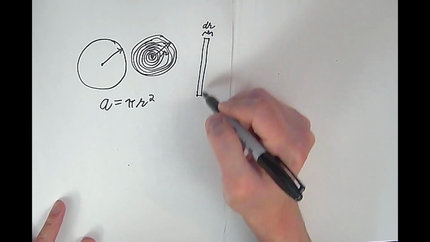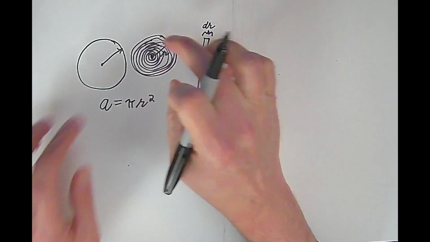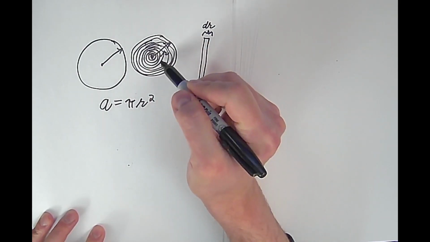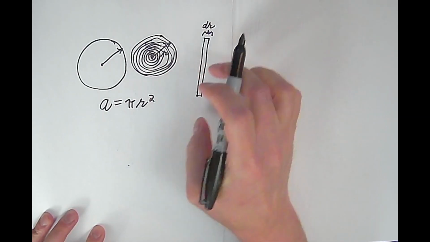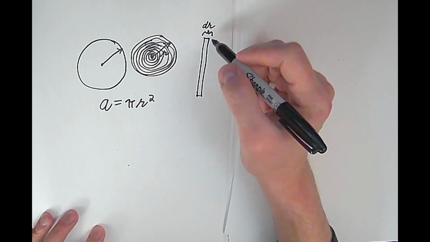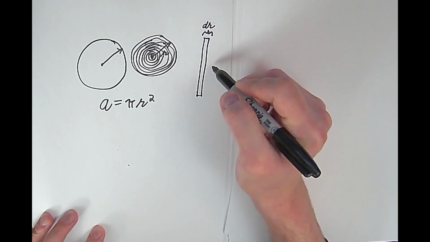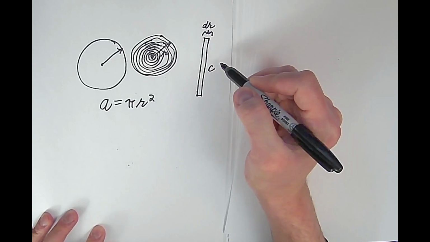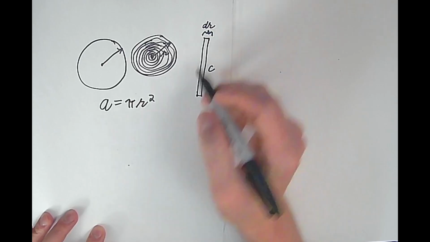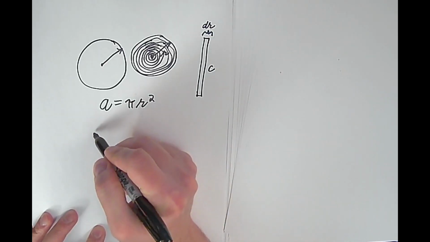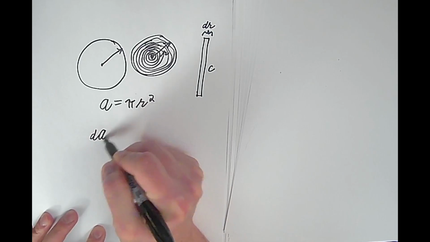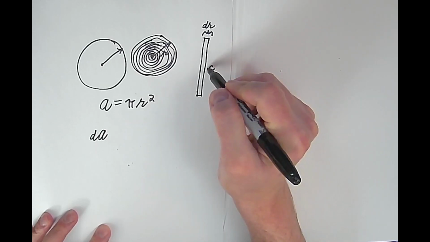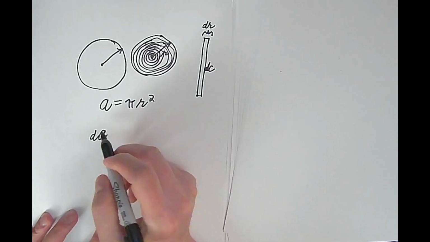And then the length of that, if you uncurl it, if you will, so take any of these given layers and uncurl it from a circle into a straight line, it's going to have a circumference c. Okay, so the area of any of those is going to be dA. D stands for difference in this case. I guess dc as well.